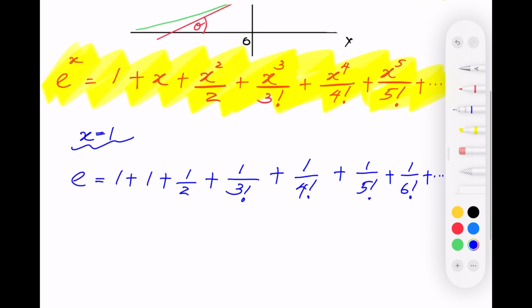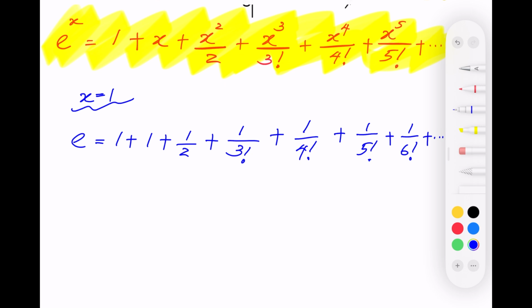This will have infinite number of terms, and if you add all of those terms, you can find the exact value of the Euler's number. But nobody has found the exact value of Euler's number so far. We have good approximations for the Euler's number. So one simple exercise would be that you go ahead and use your calculator and add these numbers, and then find the value of e using that first set of numbers and compare it against the value that your calculator gives you as the value of e.